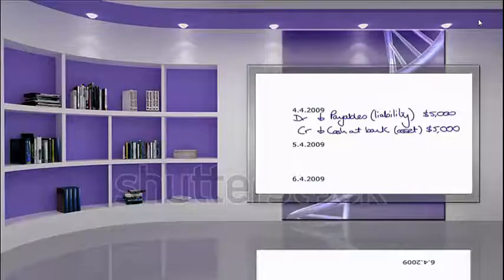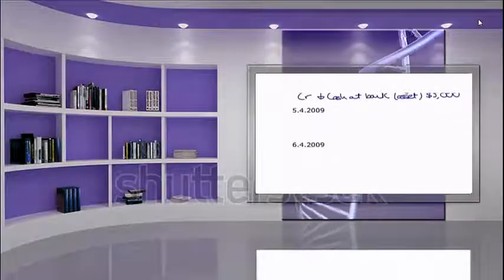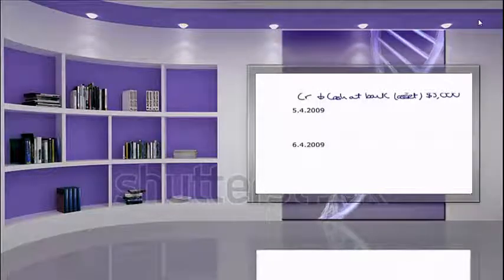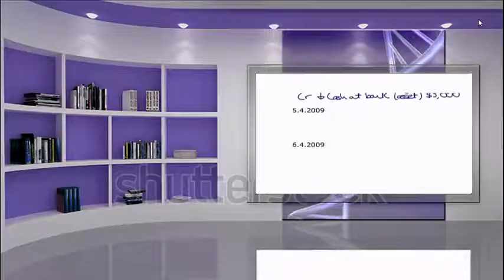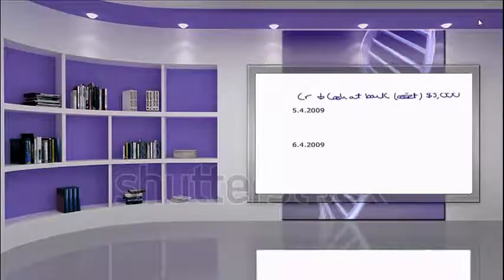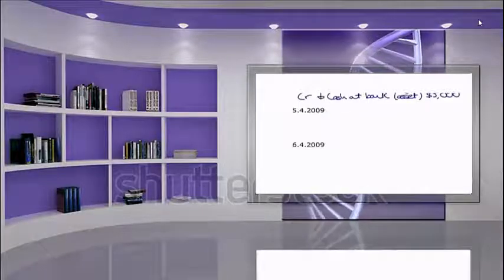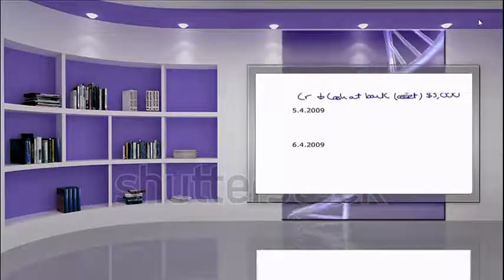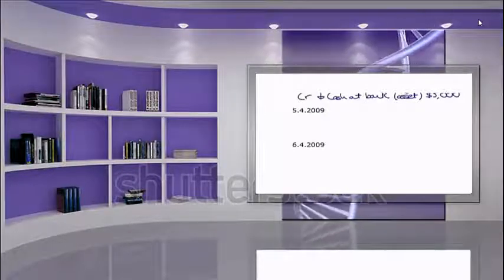Let's continue on. On the 5th of April 2009, he pays his rent for $450 by cheque. So let's have a think about what we're doing there. Now, if you're paying rent, rent is essentially a business expense. You need to incur that expense in order to run your business.